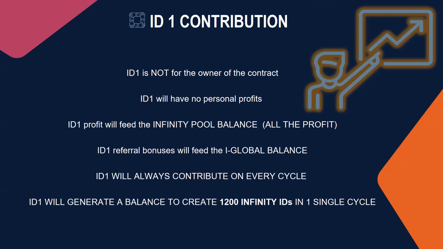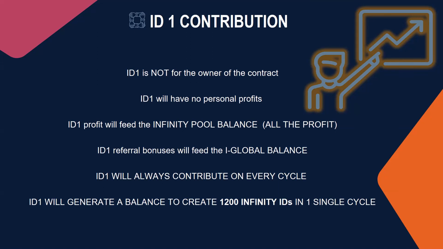ID1 will have no personal profits. There is no personal profit, but it goes to a wallet linked to ID1. ID1 profit will feed the Infinity Pool balance, all of the profits of him leveling up. Again, I repeat, ID1 profit will feed the Infinity Pool balance, all the profit. ID1 referral bonuses will feed the iGlobal balance.